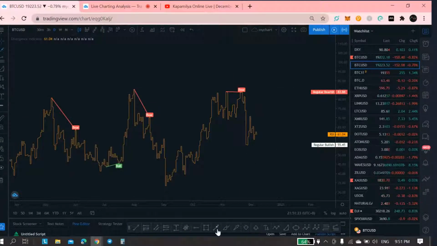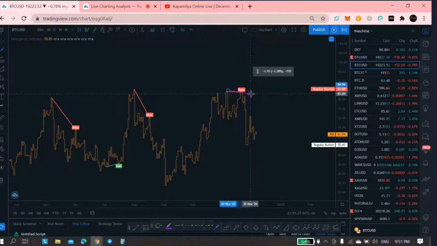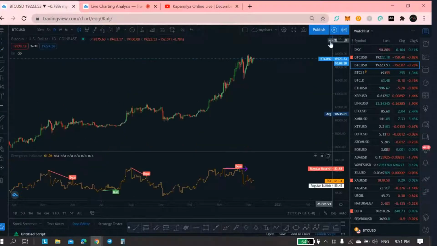It's actually going down at this area. So how about the price? The price from here to here is actually going up.